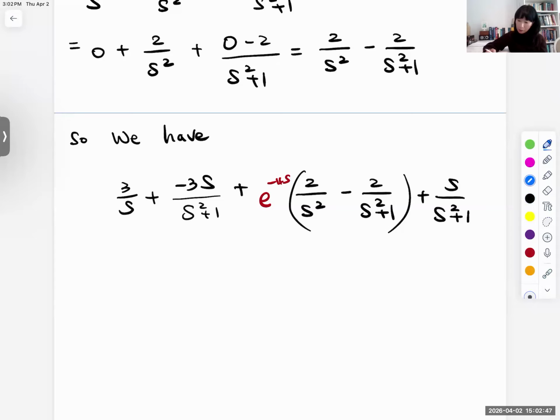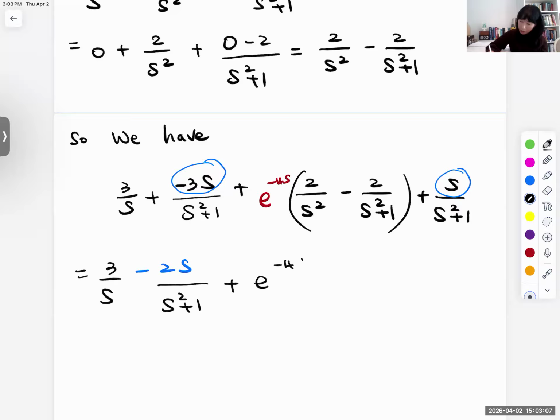So what do you get? So there will be 3 over s minus 2s over s squared plus 1, plus e to the negative 4s times 2 over s squared minus 2 over s squared plus 1. Okay? Now we need to take the inverse Laplace transform.